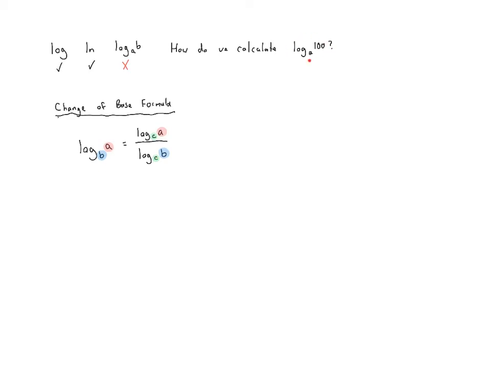And so we can do that with the example up here. We can rewrite this log base 2 of 100 as the common logarithm of 100 over the common logarithm of 2. And if we enter both of these into a calculator, we can see that this is approximately equal to 6.64.